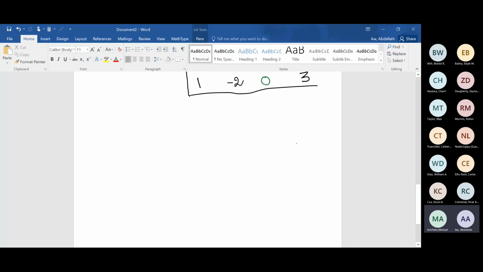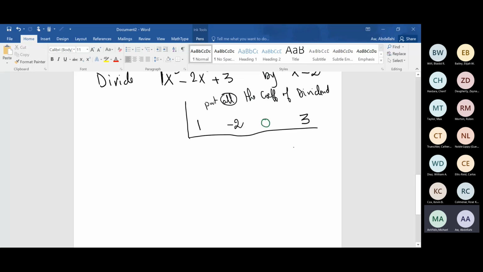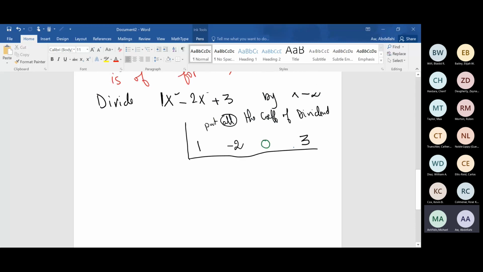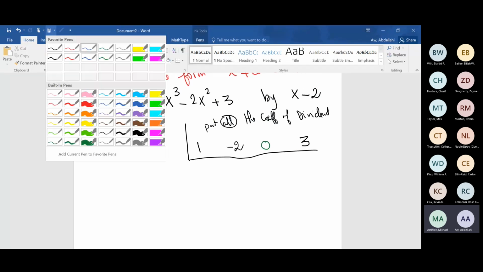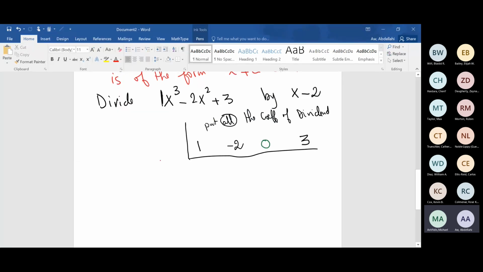And now what you're going to do: on the right side of my half rectangle, I'm going to put 2. I'm going to put the corresponding zero for x minus 2. When I say x minus 2 equals 0, x is equal to 2, right? If I was dividing by x plus 5, which number would I put on the left side?